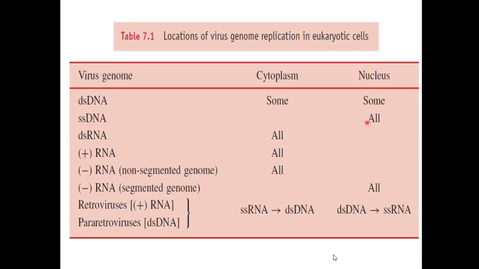Single-strand DNA always requires the nucleus. Why? They need the enzyme in nucleus to replicate their genome. Double-strand RNA will always be in cytoplasm, single-strand positive polarity in cytoplasm, and all negative polarity non-segmented genomes in cytoplasm, but segmented RNA genomes all replicate in nucleus.